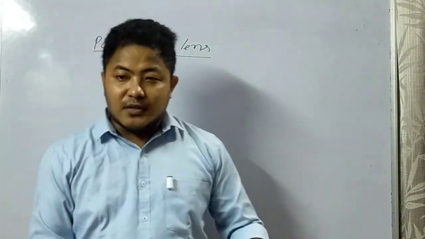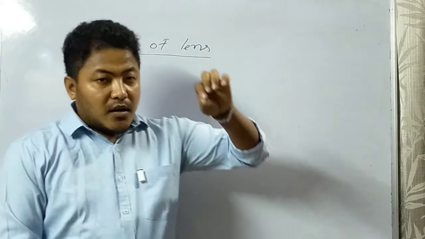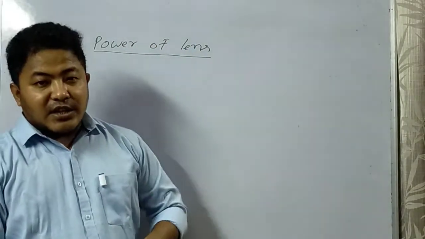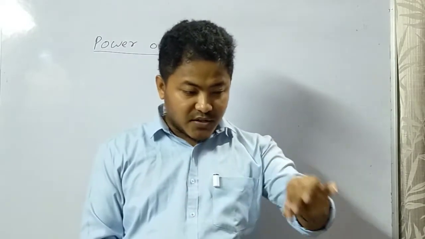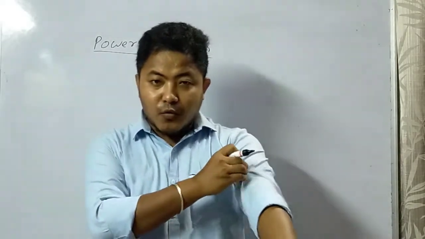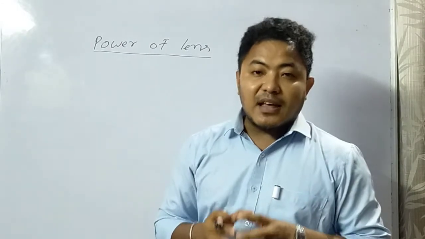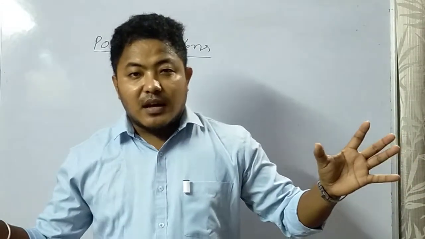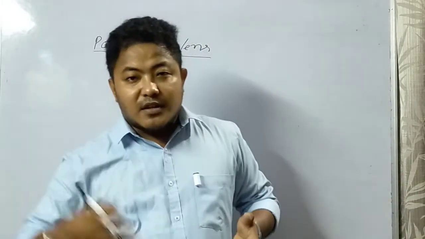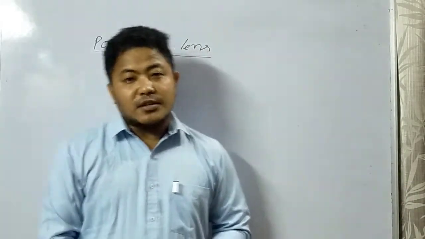One is convex lens, one is concave lens. What does a convex lens do? A convex lens converges the ray of light or beam of light once it falls over it, and a concave lens diverges. Am I clear? These basic things we have discussed in the very beginning of this particular chapter.